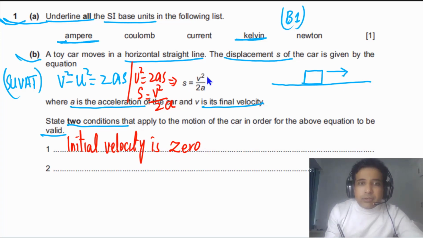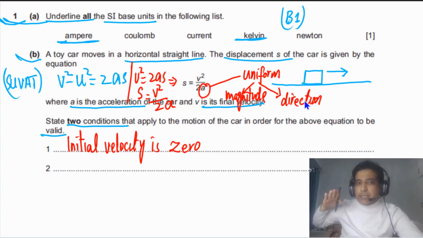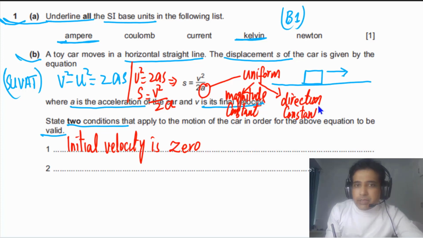The second condition is that we can use this equation only if A is uniform, or you can say if A is constant. When we say acceleration is uniform, we are talking about the magnitude of acceleration being constant. Then we are also talking about the direction of acceleration, which also has to be constant, meaning the car has to move in one direction, the same direction all the time.